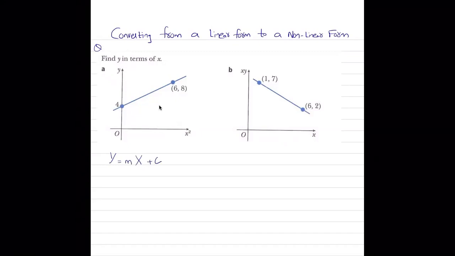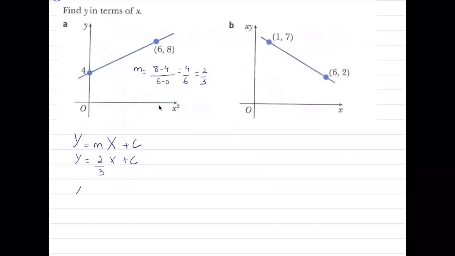You're going to find the gradient first. So gradient is going to be 8 minus 4 divided by 6 minus 0. So 4 over 6, which is 2 over 3. And for the value of c, you can clearly see that it intersects at 4. So y equals 2 upon 3 x plus 4.